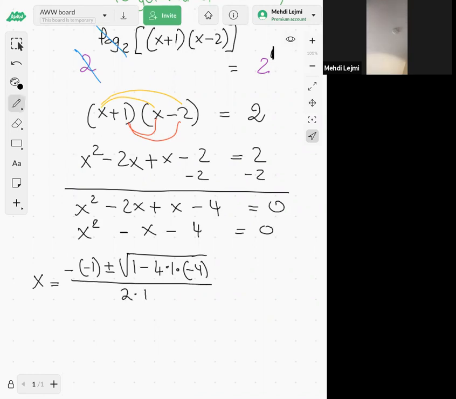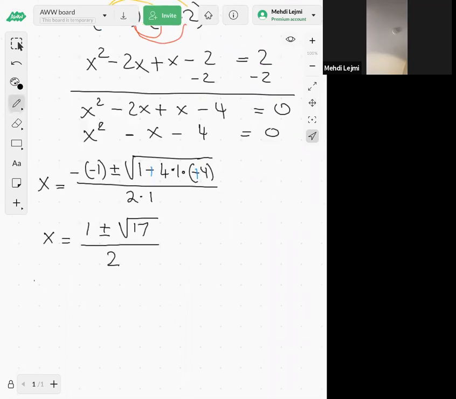Right, so then your x is positive 1 plus or minus the square root of, so minus minus, that would be a plus, 16 plus 1 is 17, so that's plus or minus the square root of 17. The square root of 17 is not an exact square, so I'm just going to keep the square root of 17, over 2. So we're going to have two solutions.